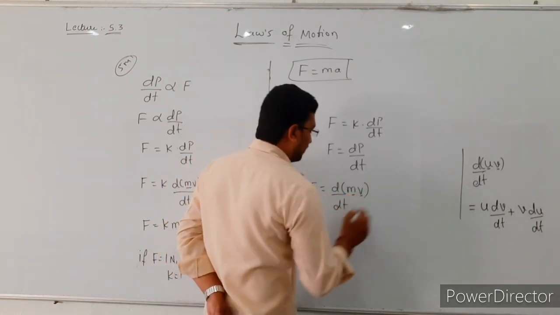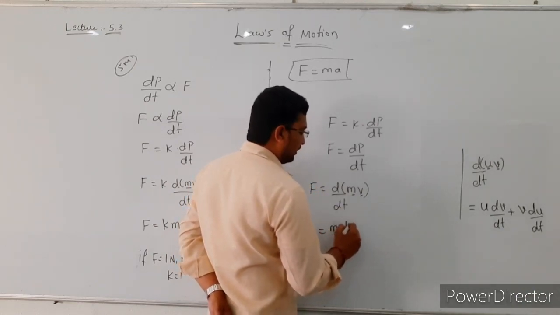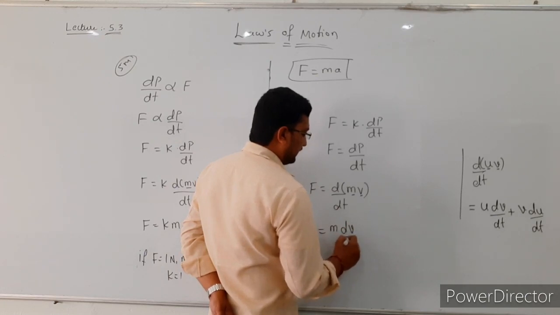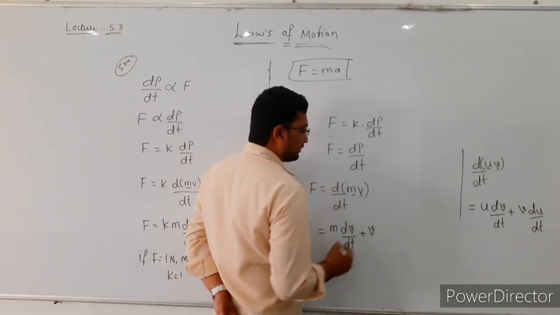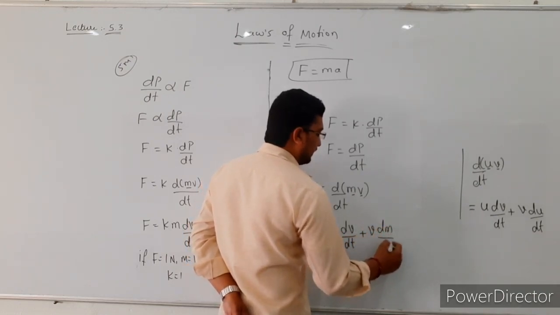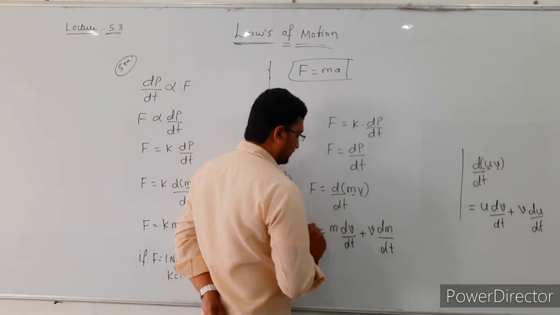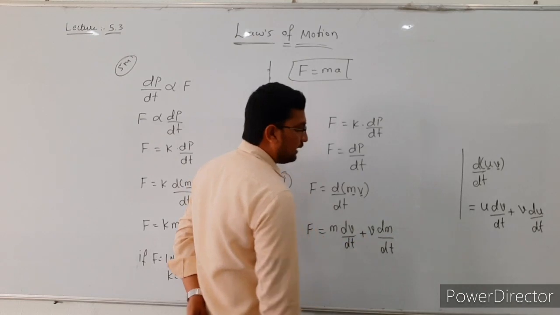According to this formula, keep the first term as it is, m into dv by dt, plus keep the second term as it is, v, and differentiate the first term, dm by dt. So the force is equal to m into dv by dt plus v into dm by dt.